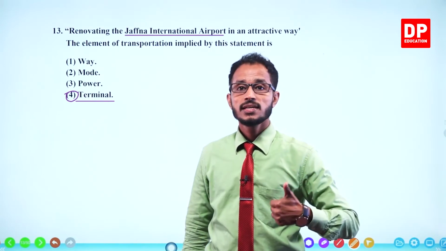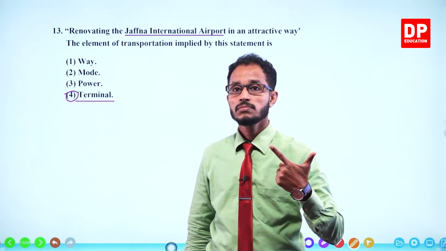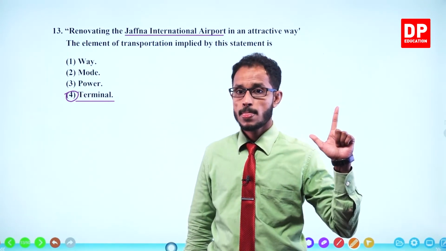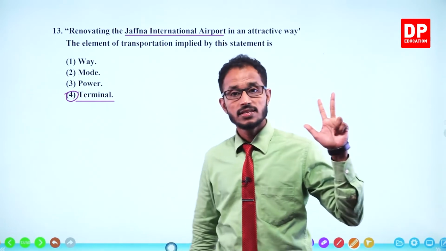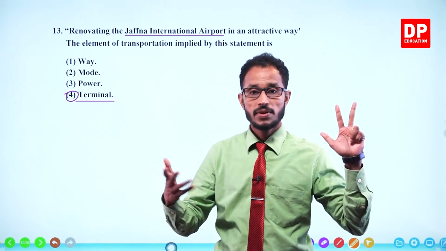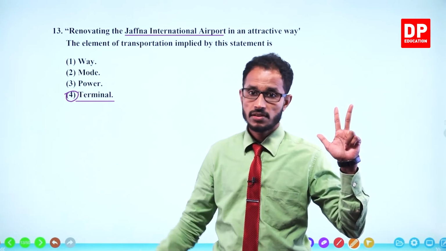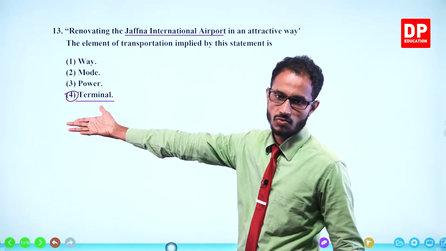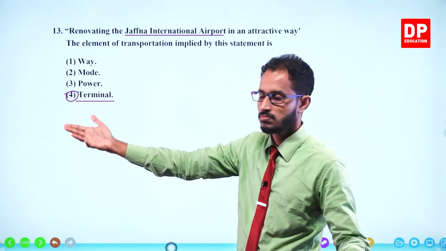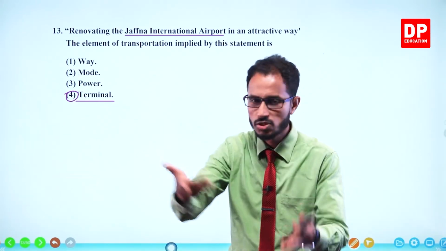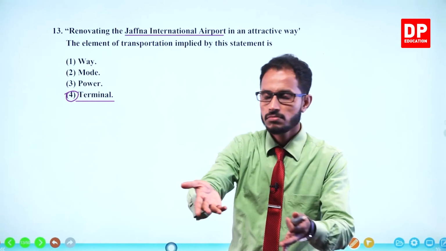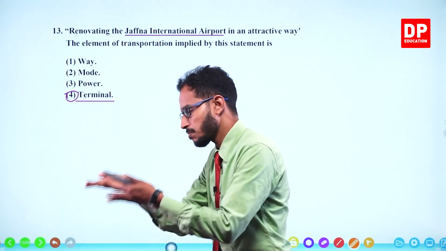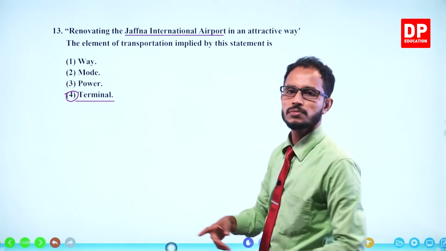Mode is the vehicle. Power is the source of power, petrol, diesel, solar or electric. Terminal is the port where the transport medium or mode comes and stops. Bus station, railway station, harbour, port, airport.